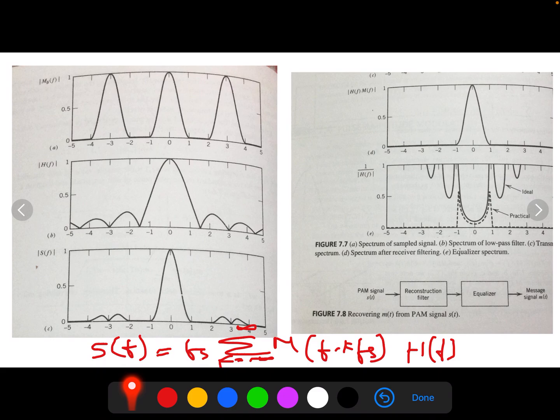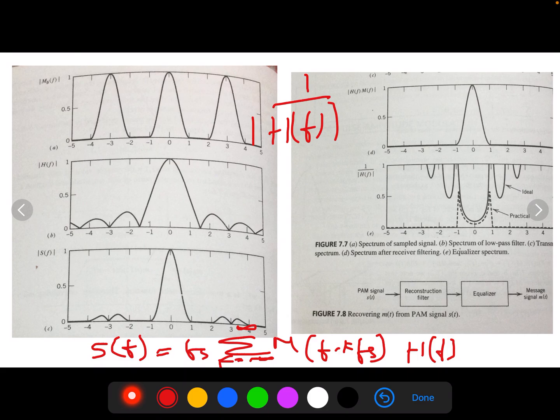Ideally, the amplitude response of the equalizer is given by 1 over h of f. So 1 over h of f is equal to 1 over T into sinc function of fT. It is nothing but pi f divided by sine of pi fT.